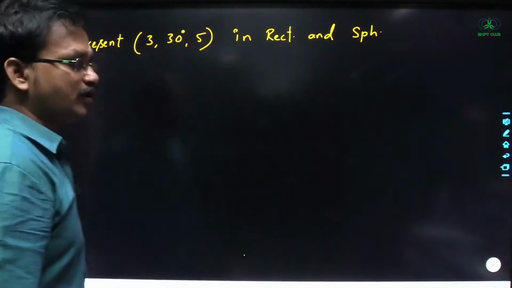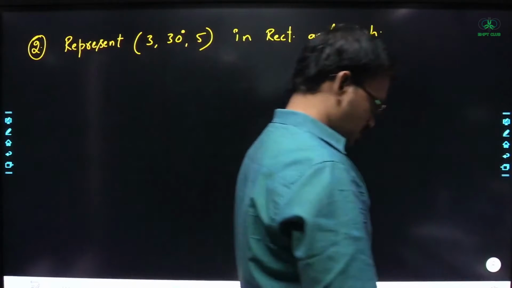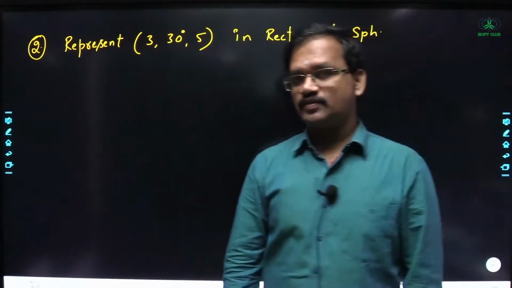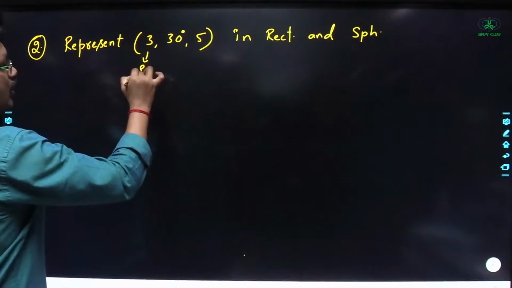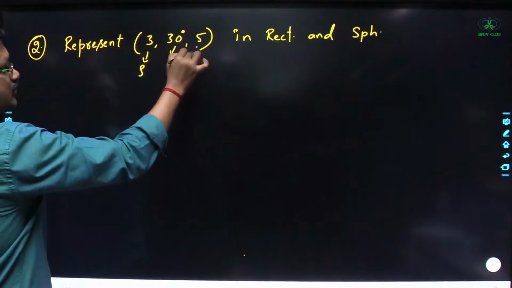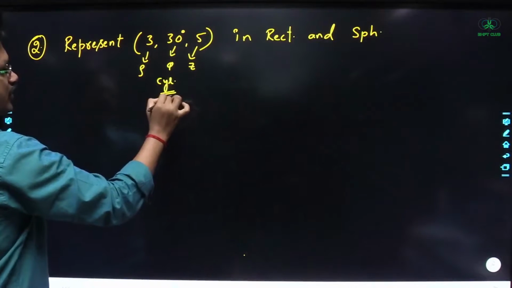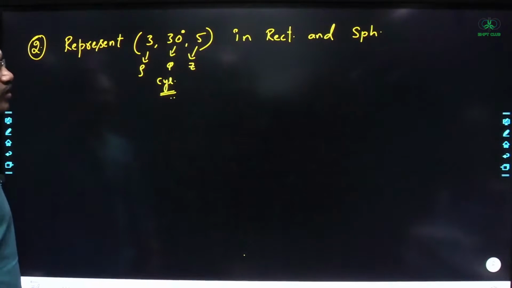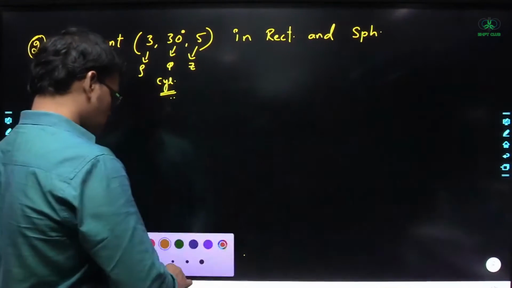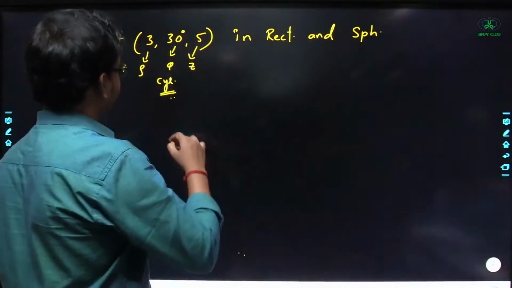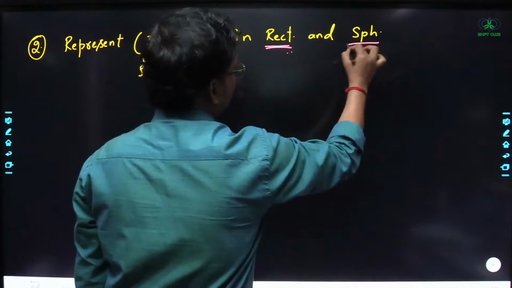Here 3 comma 30 degrees comma 5 means this is rho, this is phi and this is z. So this is the cylindrical coordinate system. They have given the coordinates in the cylindrical coordinate system and they are asking us to determine them in terms of rectangular and spherical.